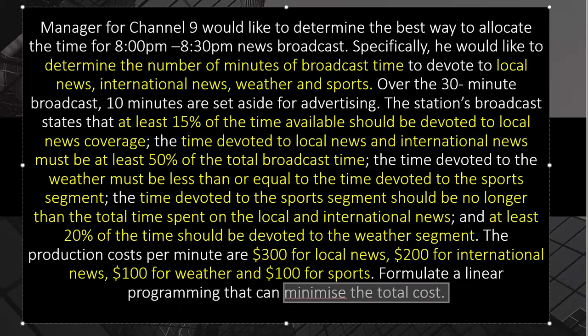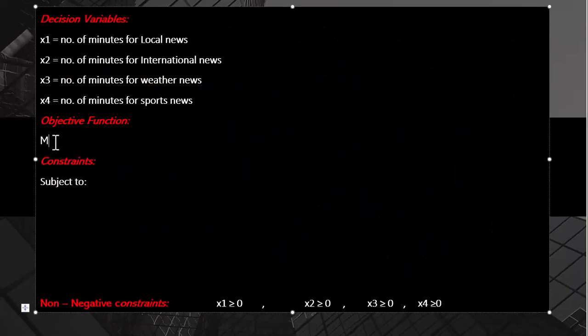So this will be the minimizing problem where we have to find out the number of minutes of broadcast time. So for the objective function, as it is a cost minimization problem, we will be writing the last line of the question, which was $300 for x1, $200 for x2, $100 for x3, and $100 for x4.